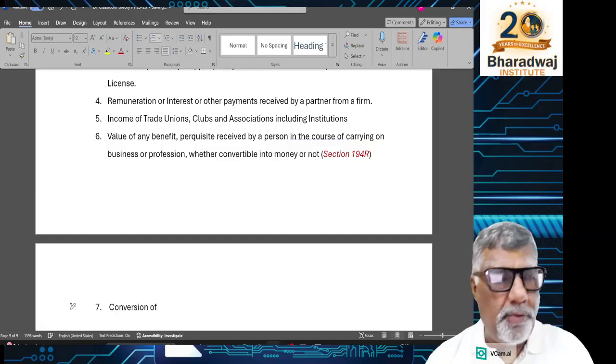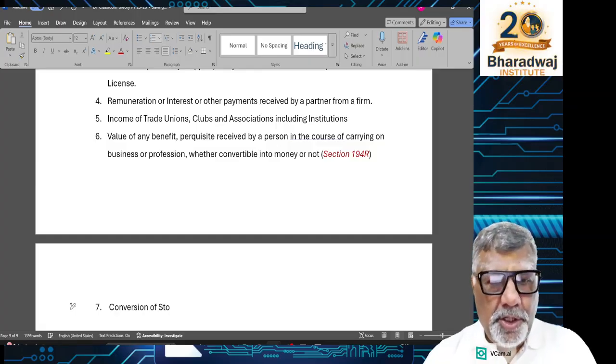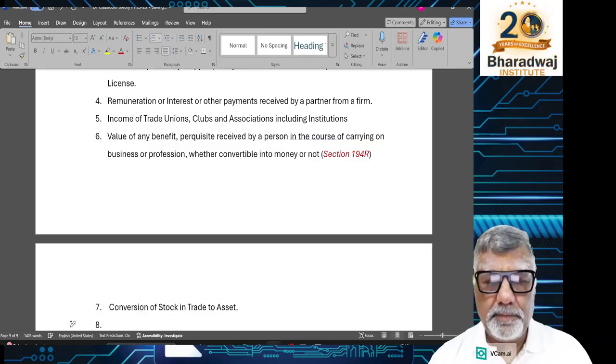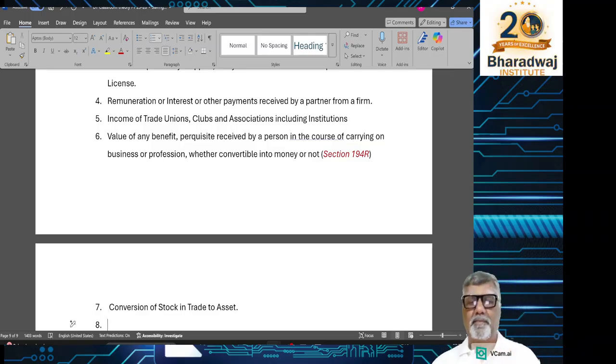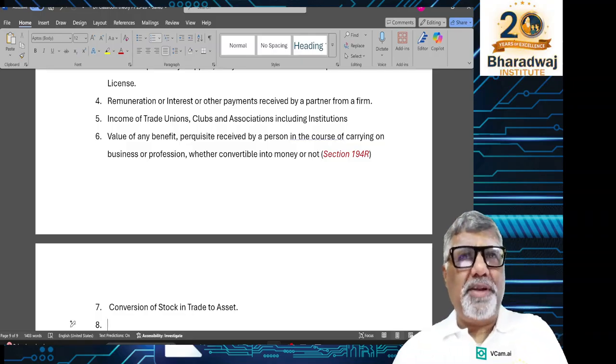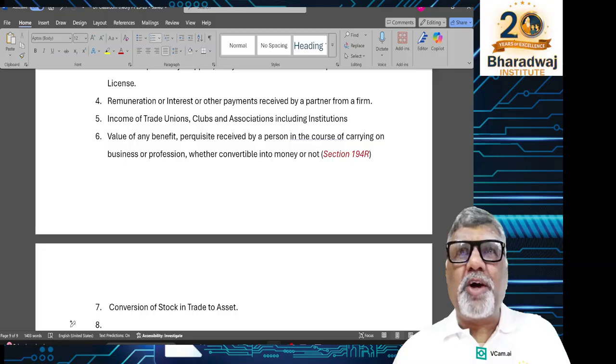Conversion of stock in trade to asset. Friends, conversion of asset into stock in trade, capital gains, section 45.